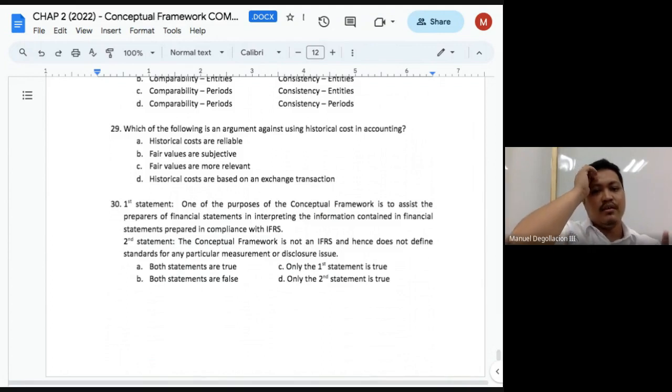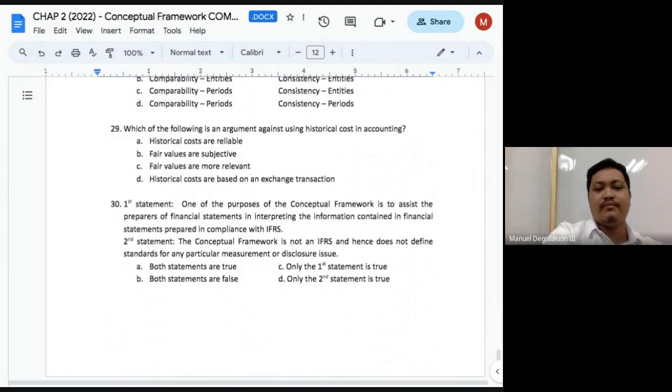Assist the board, assist the preparers, assist the users. But here you will have to match the persons being assisted with their concern. Interpretation, class, is it the concern of our preparers? No, that would be the concern of our other parties or our users. So that makes the first statement false.